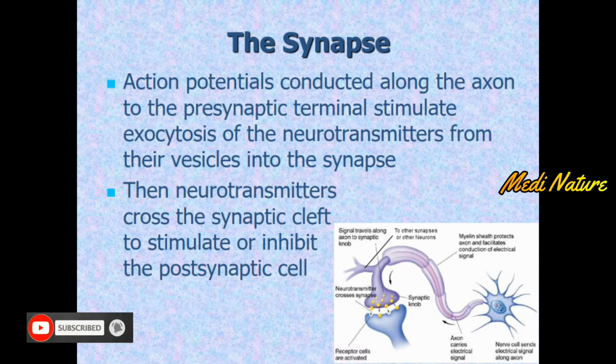Then the neurotransmitters cross the synaptic cleft. Then they can bind to the membrane of the postsynaptic cell. This binding leads to stimulation or inhibition of the action potential in the postsynaptic cell.